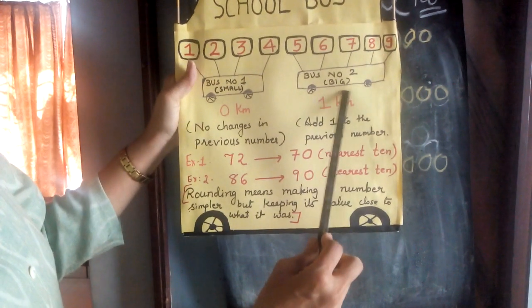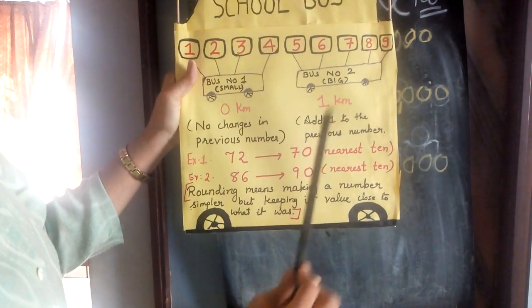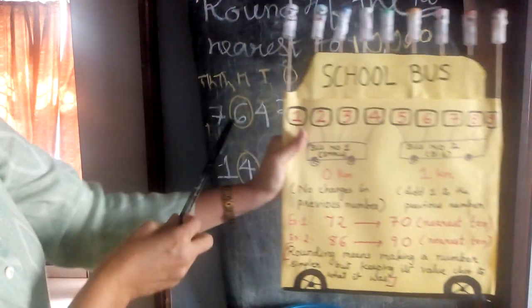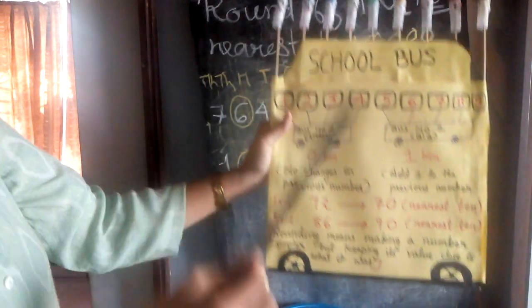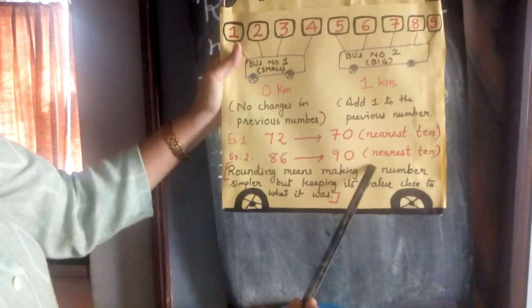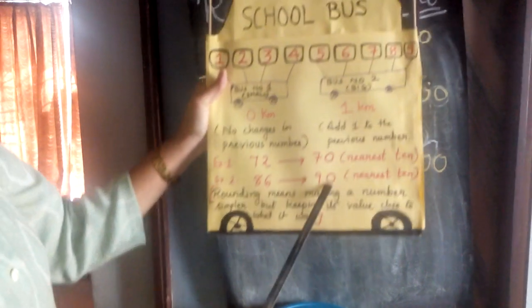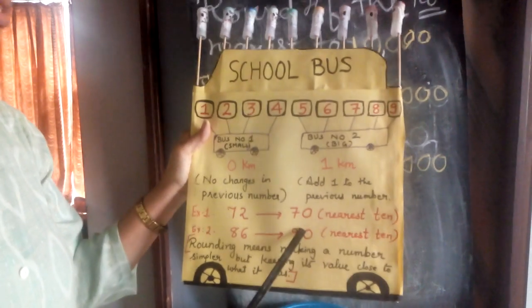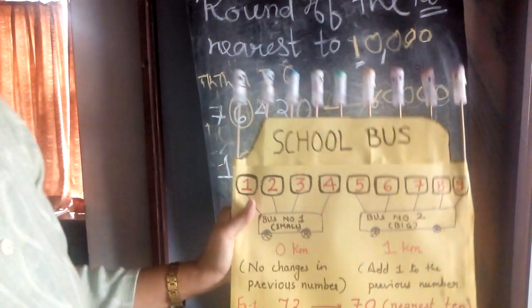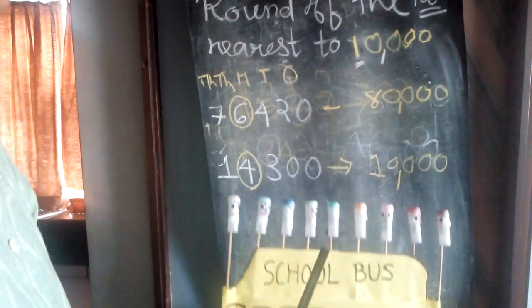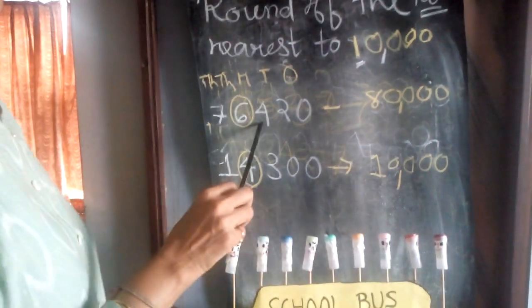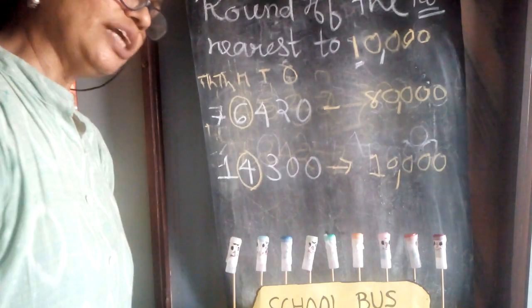Bus number 2 big, that means 1 kilometer, so add 1 to the previous number. This way I have given the examples. I hope you must have understood, children, and now it is very easy for you to round off the numbers. Thank you, children.